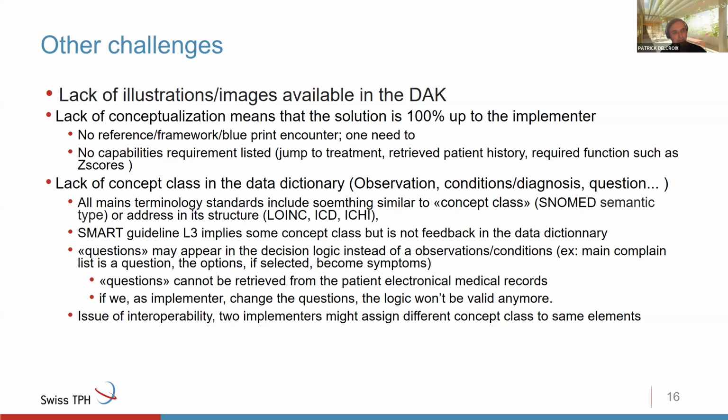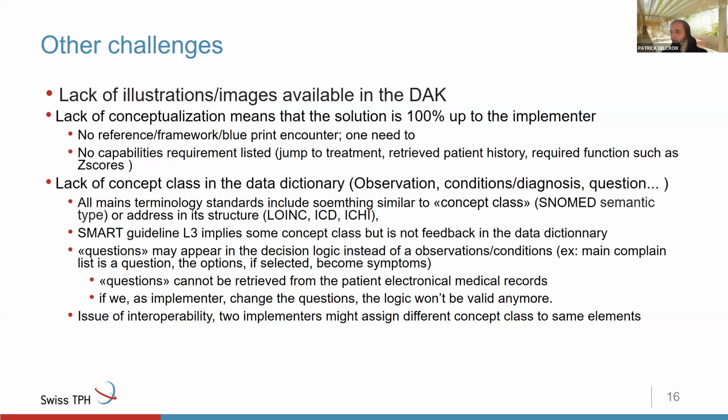There is also no capability listed with the DAK. When you have to use an existing system, we are not an IT company per se, so we don't develop L4. We are not developing CHT. We used ComCare in the past, and we are not developing ComCare and so on. So we are using existing systems that have limited capabilities. But when you take a DAK, you have to go through it to find out which capabilities you will need in your system.